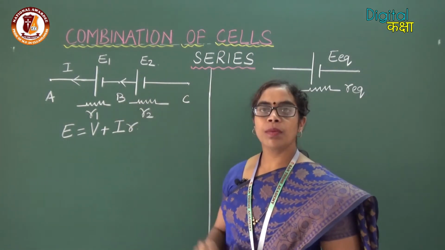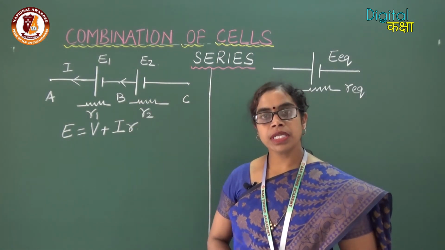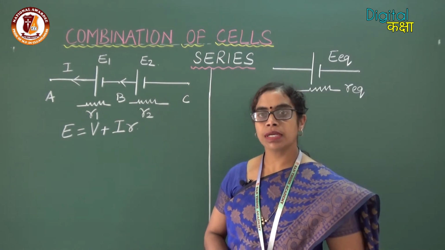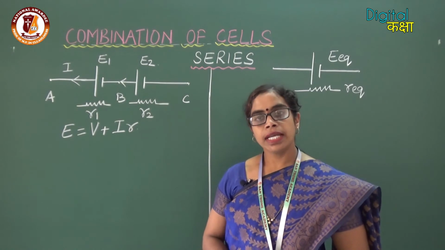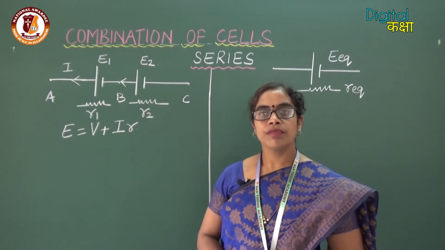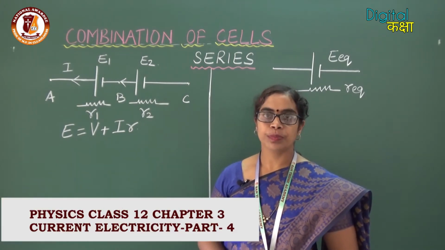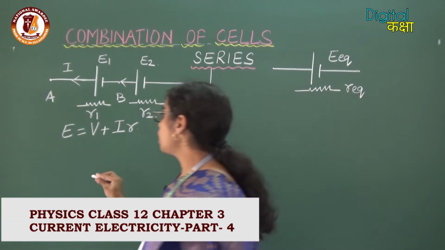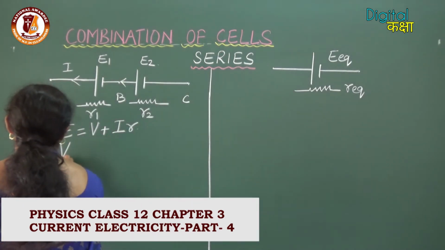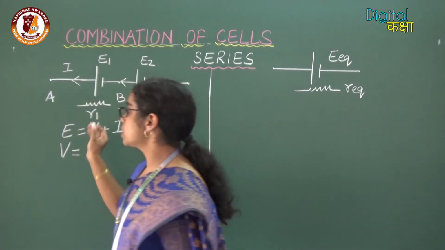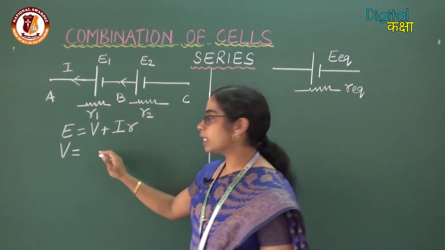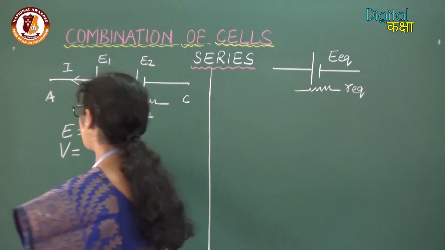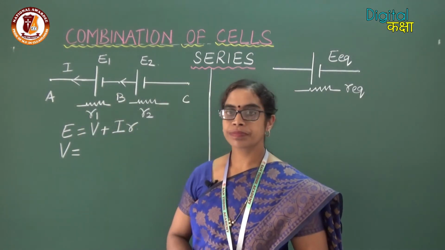In this type of combination, the potential differences across the terminals of both the cells will be different, and let us take those values to be V1 and V2. So, the total potential difference supplied to this circuit, denoted as V, will be equal to V1 plus V2.